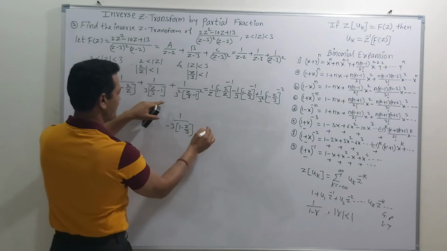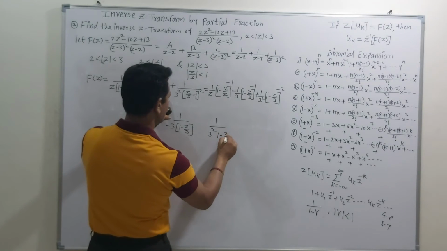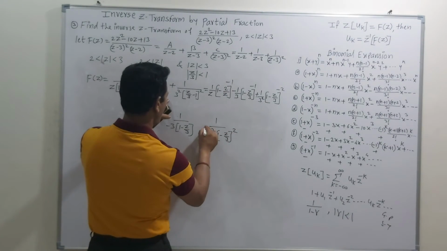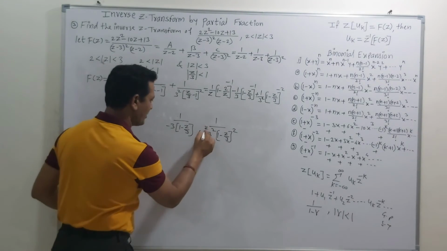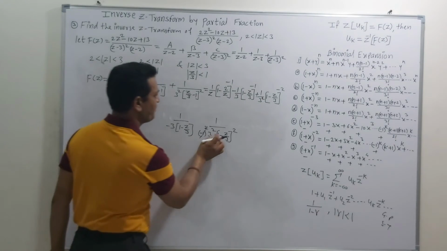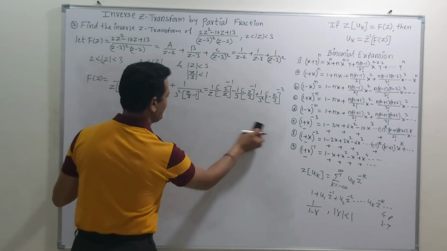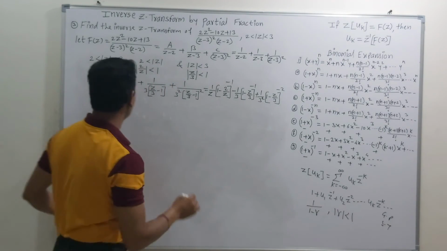Now for this term, we can write this as 3 square, 1 minus z upon 3 its square, and we can write this as minus 1 raised to 2, because here the power is 2 and the power becomes positive. That's why this term is positive. So this is the way to write down the given series. Now friends, let's try to simplify this.